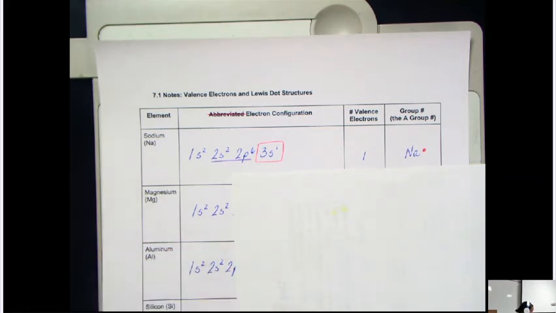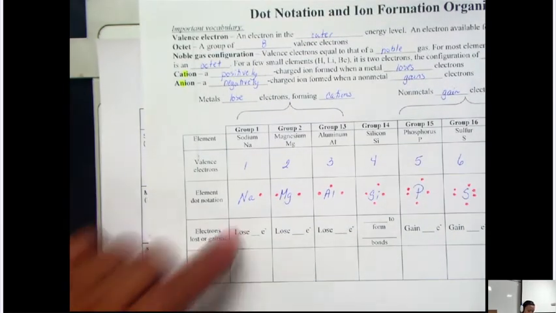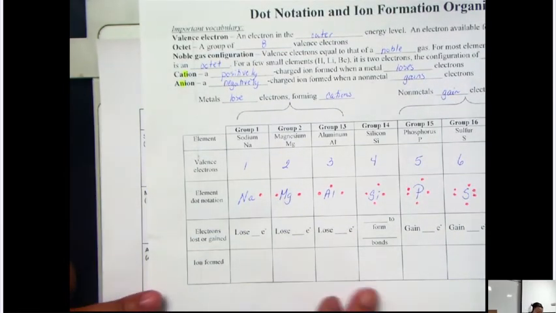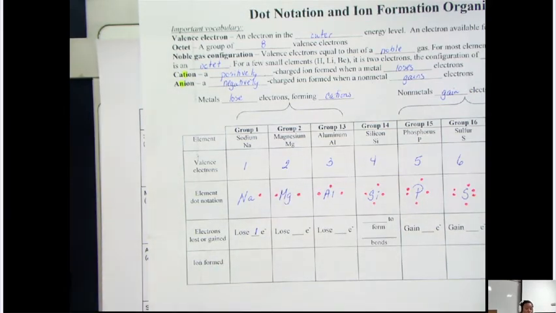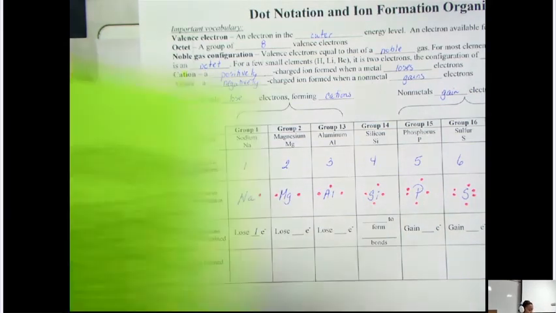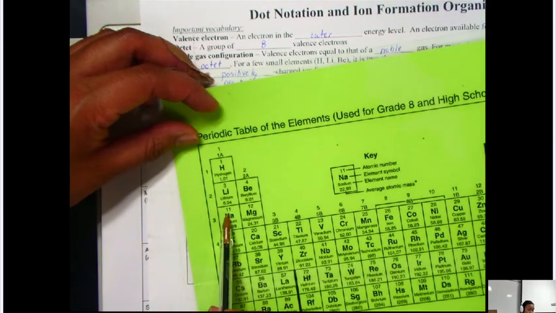What that means, okay, sodium is going to lose one electron. So if you look at sodium, when it was neutral it had 11 protons and 11 electrons.